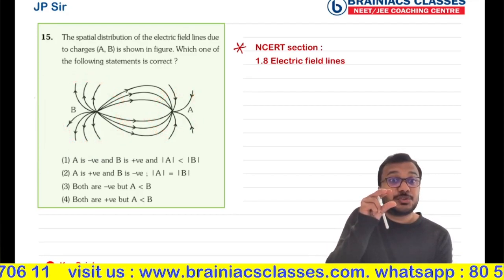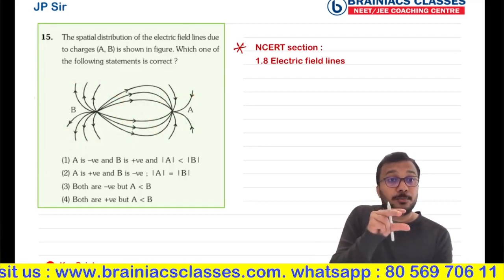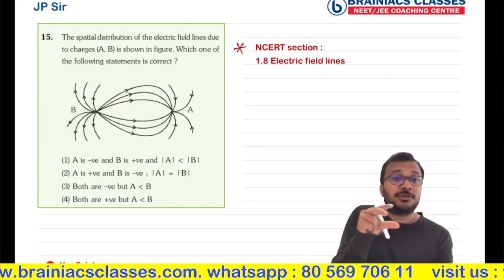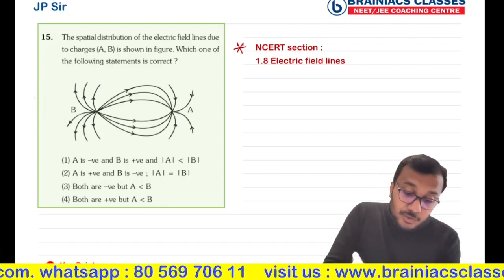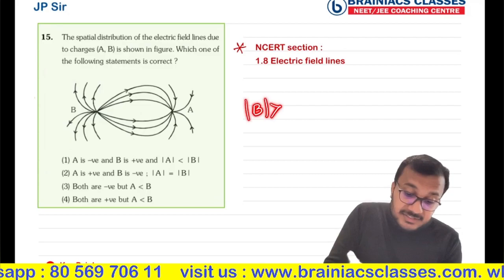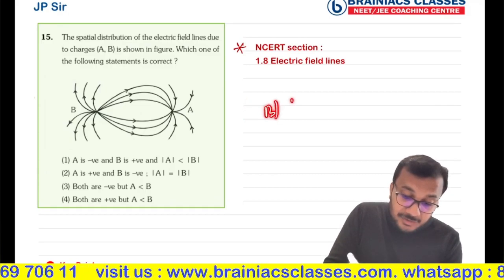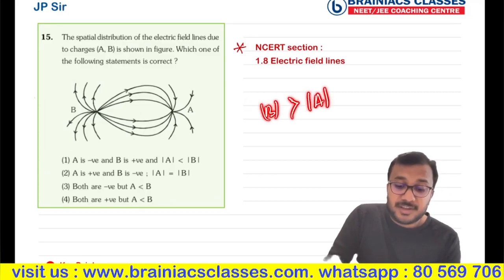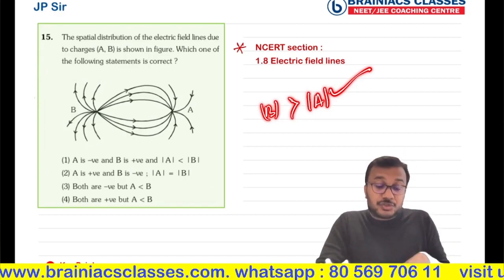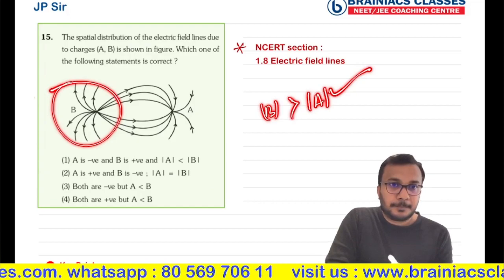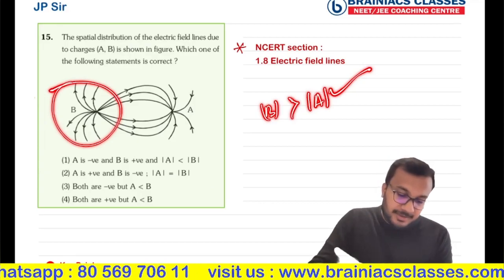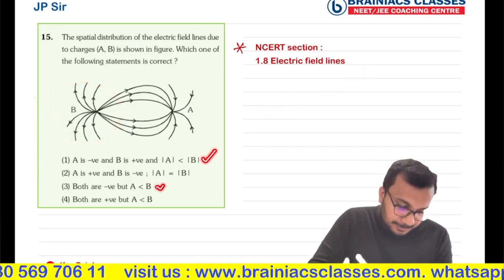So which charge is more powerful? More magnitude, or more powerful charge, will have more number of electric field lines. So the magnitude of B is definitely greater than the magnitude of A, no doubt, because B has more number of lines here.